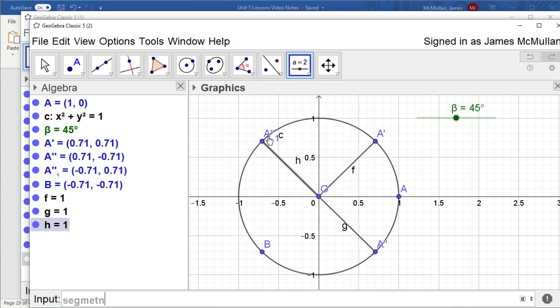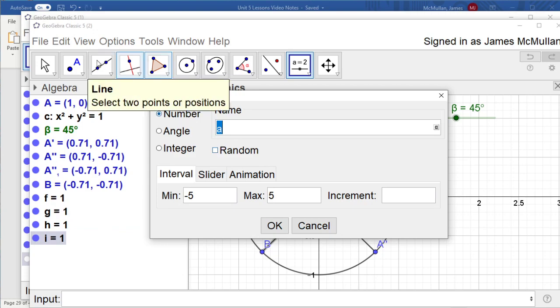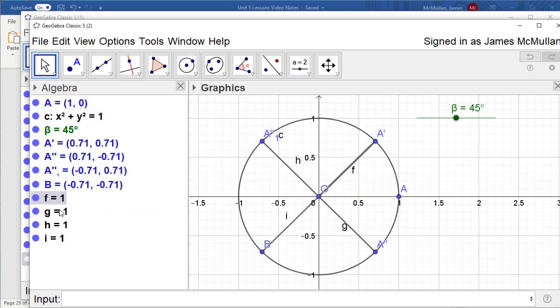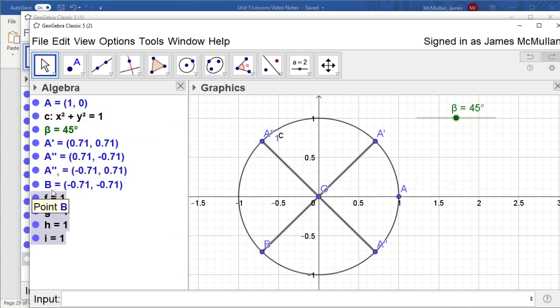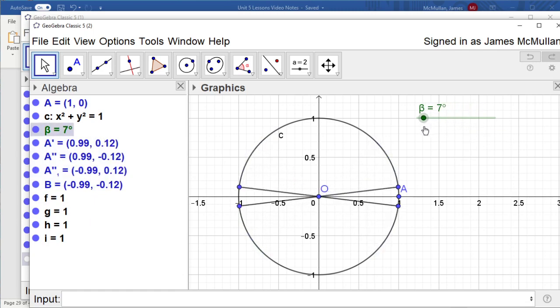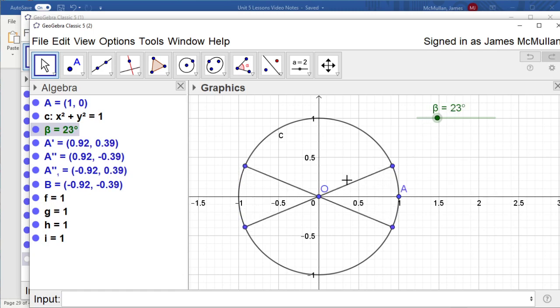And then segment O to B. And let's hide all of these for a sec. So draw this diagram. You have to have this diagram somewhere. Just draw a circle with 4 lines on it. You don't need the points. It doesn't matter. And your beta, you can see beta sort of controls the angle with the x-axis.